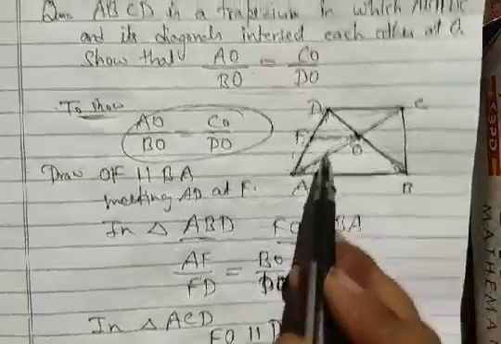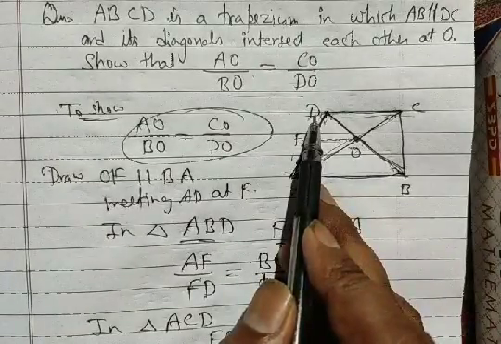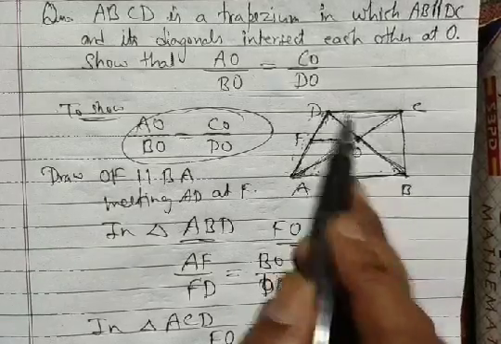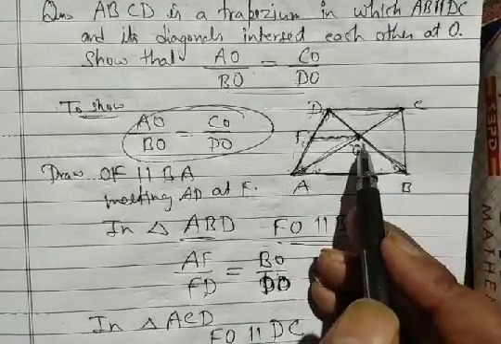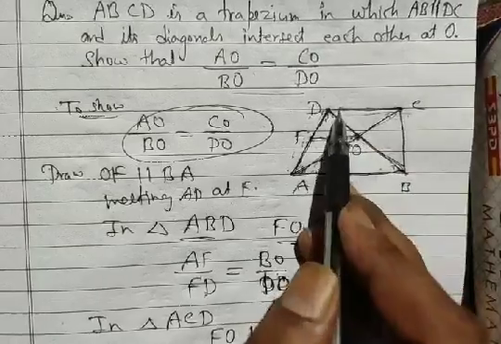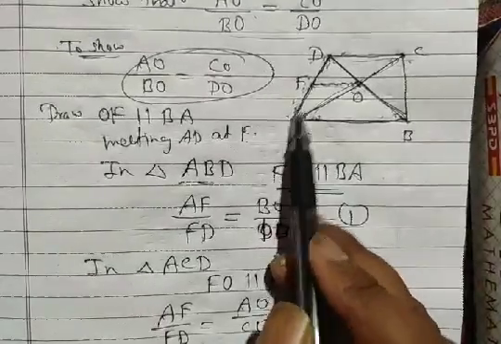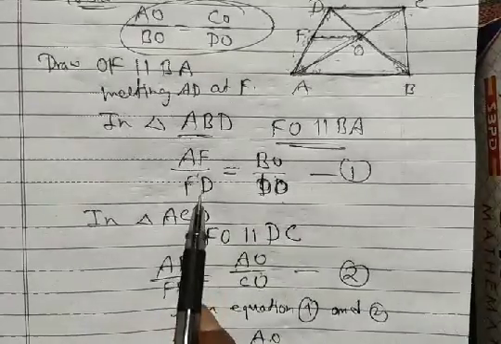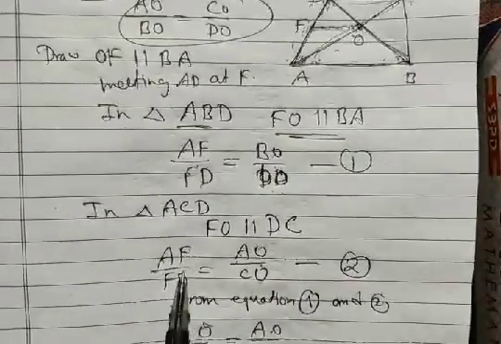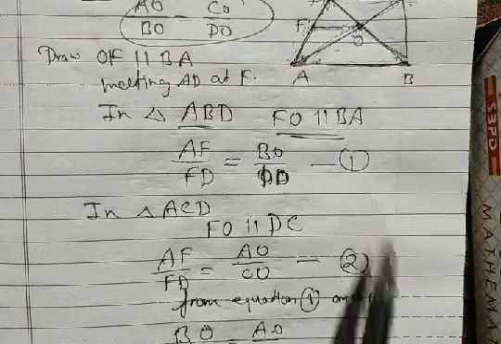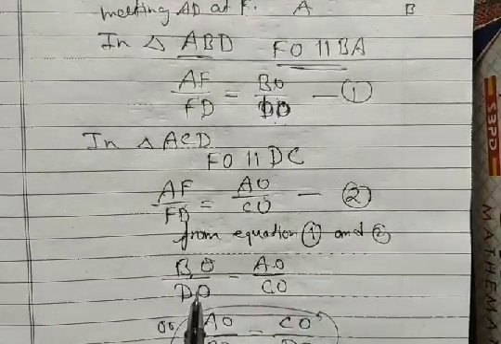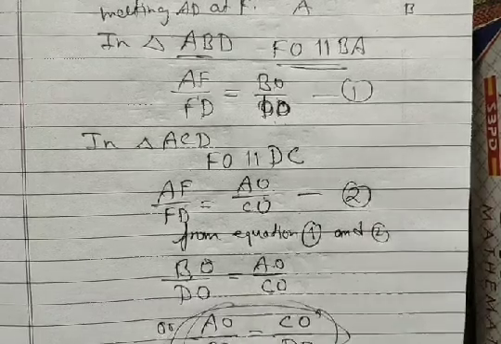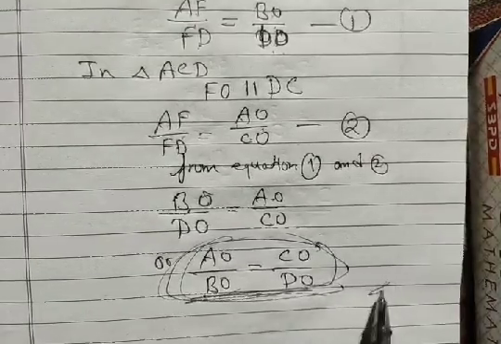Then we take triangle ACD. Since it is a trapezium, FO is also parallel to DC, so by BPT, AF is to FD equals AO is to CO. By equations 1 and 2, BO by DO equals AO by CO. Rearranging these ratios, we get the required result.